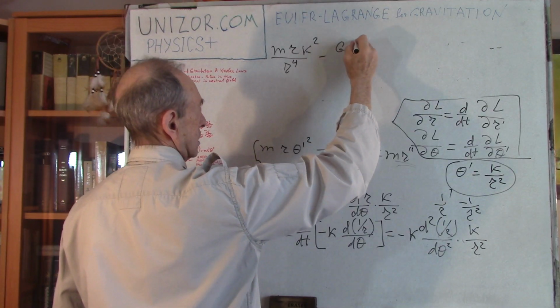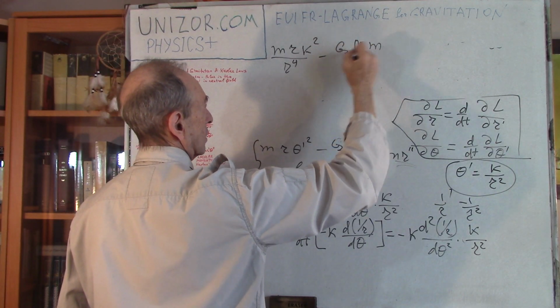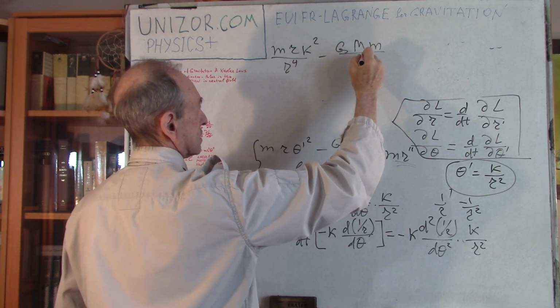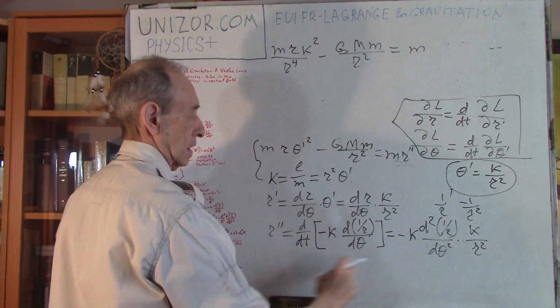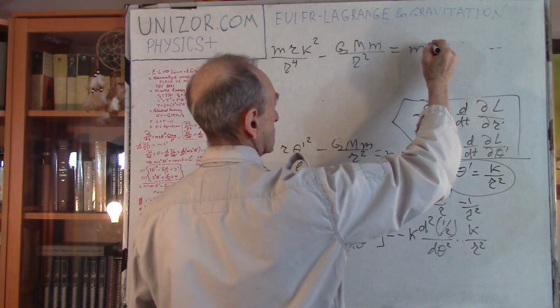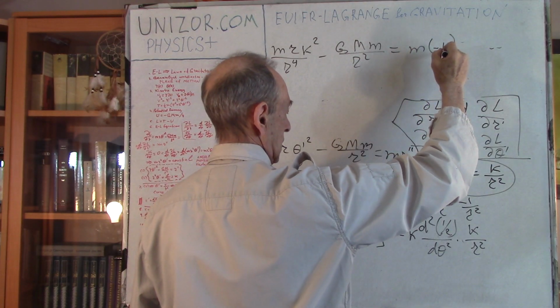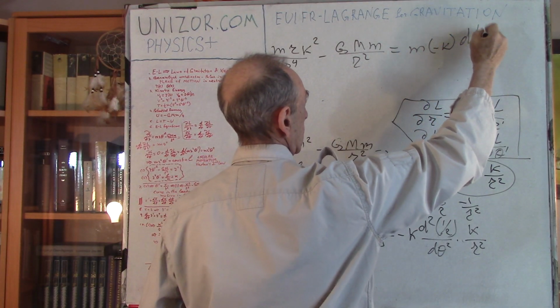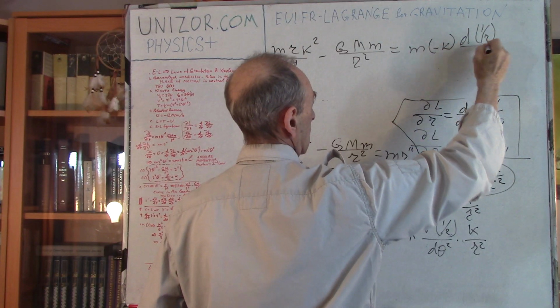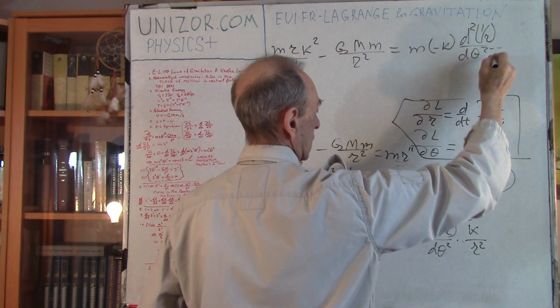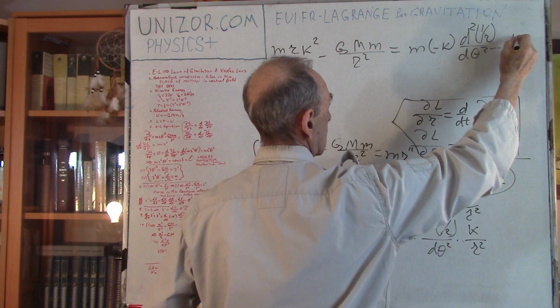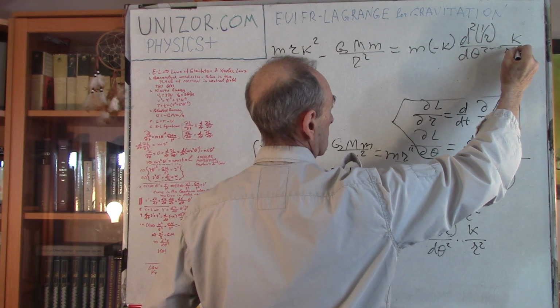Minus g m divided by r square equals m, and this, which is minus k d 1 over r, d2 1 over r by d theta square times k over r square.